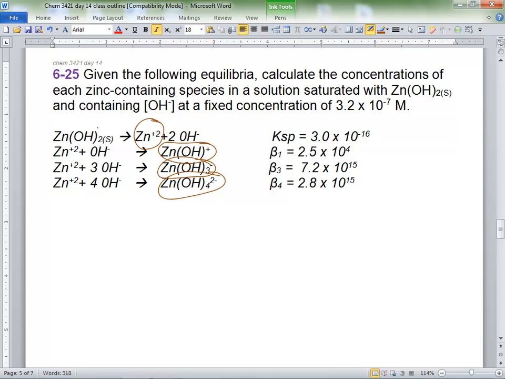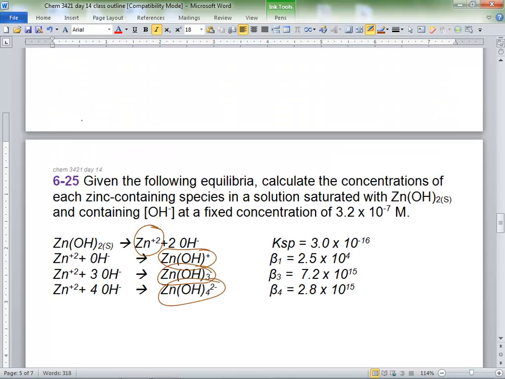Where would you start? Well, logically, we only have one tool to work with. We could write ICE, but ICE would just help us write the expression. Products over reactants is really all I'm saying we have to work with. You can write ICE, but then you end up writing products over reactants.